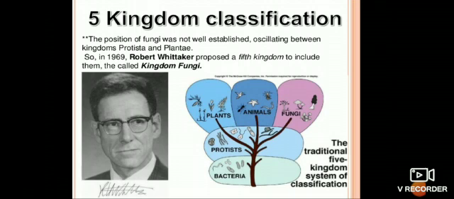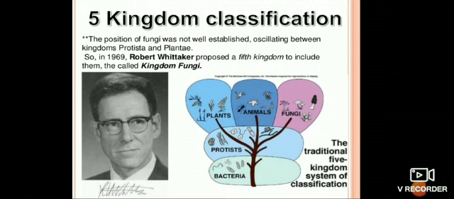The position of fungi was not well established, oscillating between kingdoms Protista and Plantae. So, it was given a new position. In 1969, Robert Whittaker proposed a 5th kingdom to include them, called kingdom Fungi.